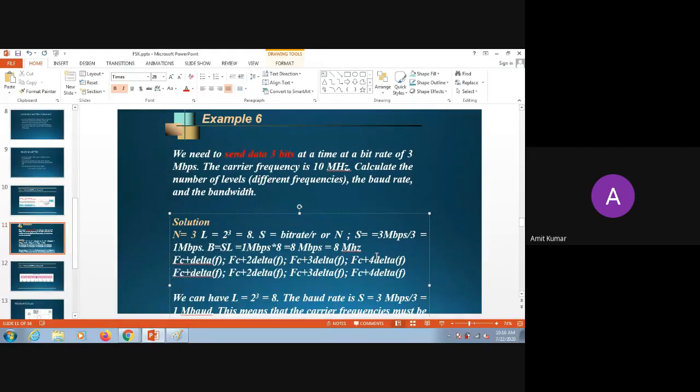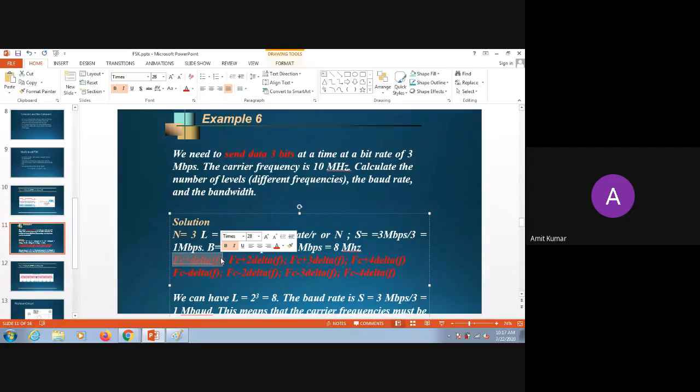It will be minus delta F, minus 2 delta F, minus 3 delta F, minus 4 delta F. So these 8 frequencies will be available in your FSK signal. They have decided that delta F is 1 megahertz, so all the frequencies will be separated by 1 megahertz. That is the assumption they have made.